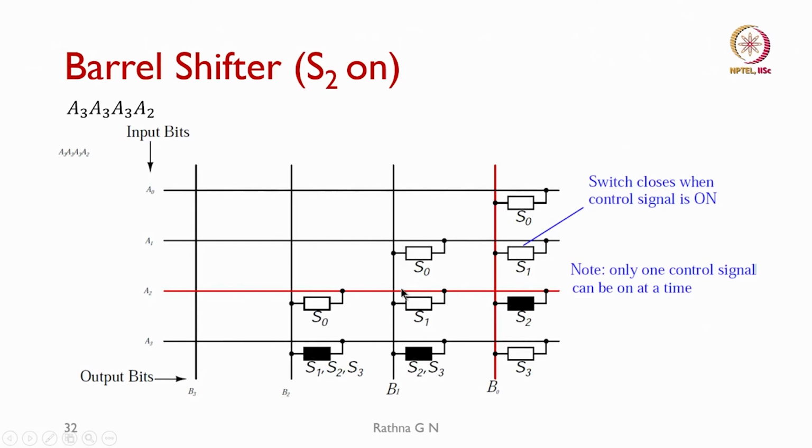When you connect these, you will see this red line: A2 is pushed into B0, then A3 is pushed into B1, A3 is pushed into B2 also, and A3 as it is will be in B3. So, you get the output A2, A3, A3, A3. That is what we wanted. Since the switch is closed, this is how the barrel shifter works.